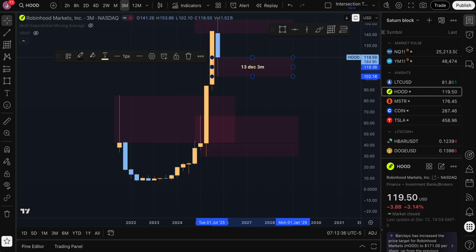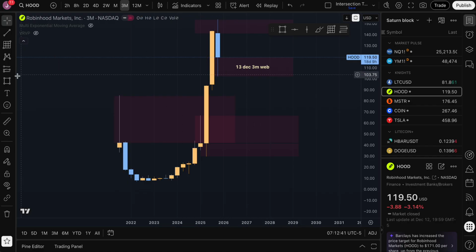So the 3-month time frame. Here's a nice grouping of 1, 2, 3, 4, 5, 6, 7 candles.